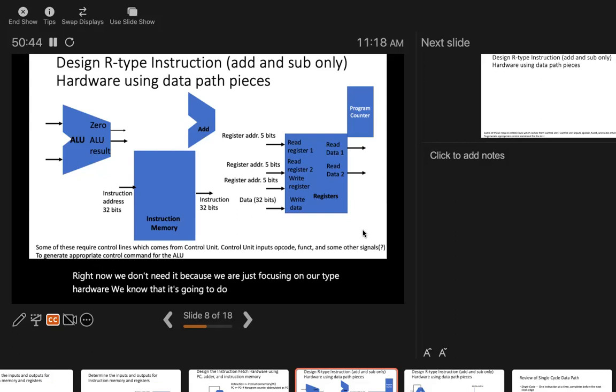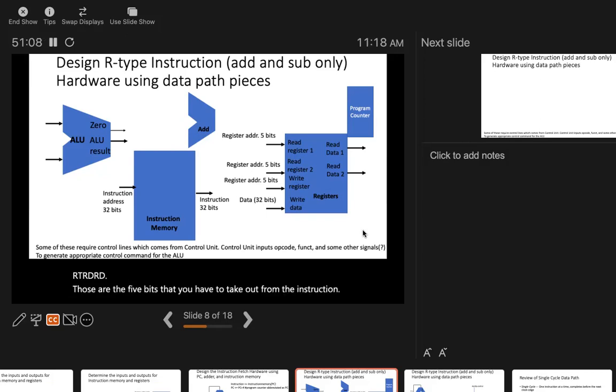Right now, we are just using the add as an example. So we don't worry about opcode just yet. Next 5 bits are RS, which tells you what should be the register RS address. Next 5 bits are RT, then followed by RD. So RS, RT, RD. Those are the 5 bits that you have to take out from the instruction.